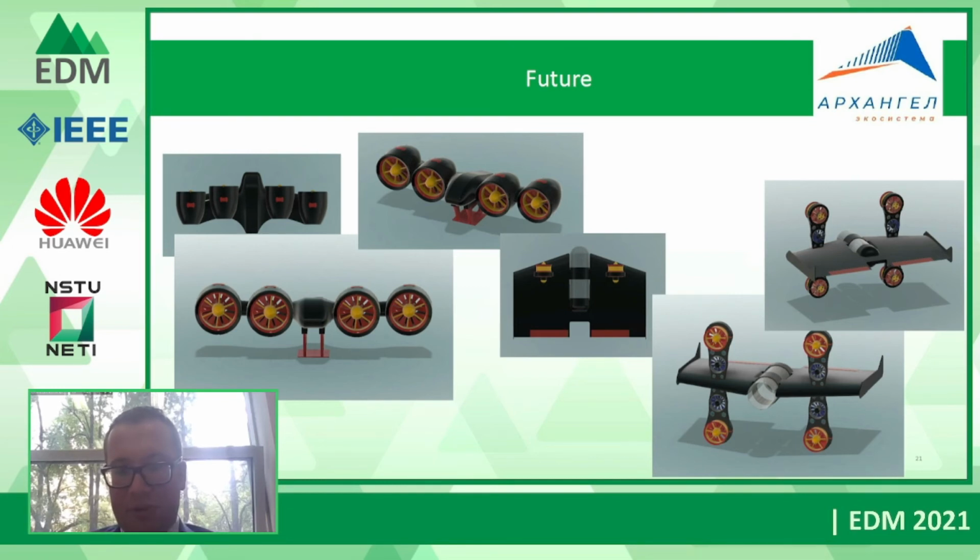This project we do in collaboration with Ban State University, and the main difficulty here is the electrical engine, which could work both under the water and in the sky. So the next slide.